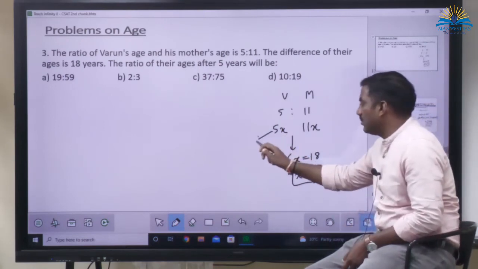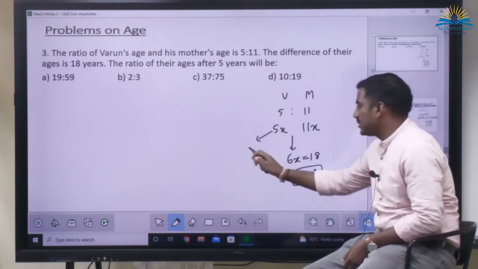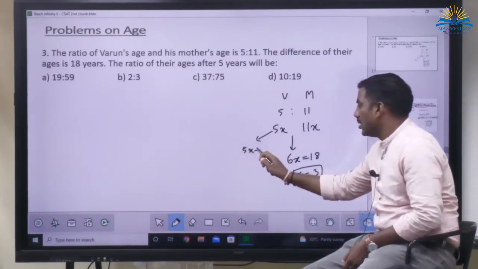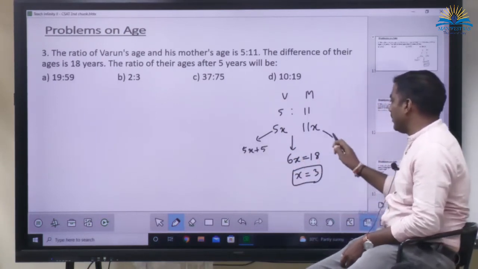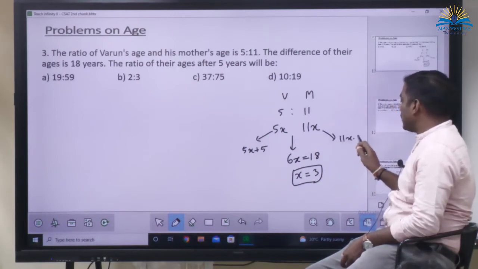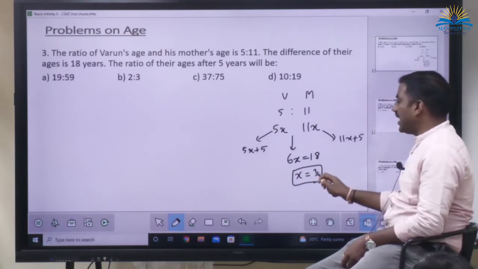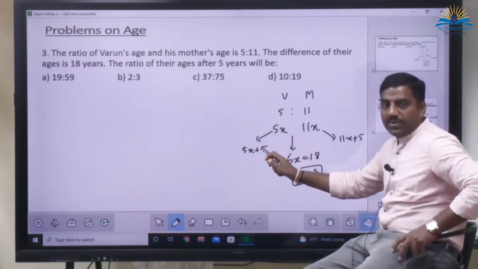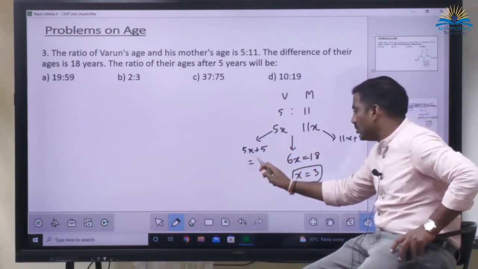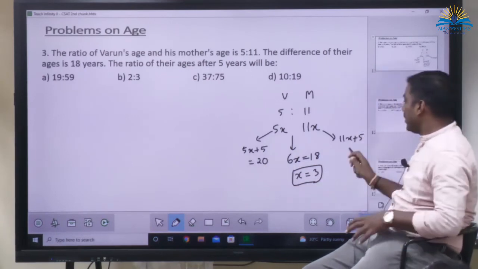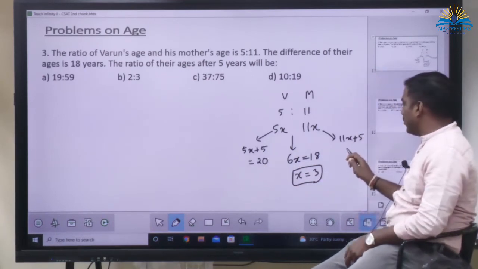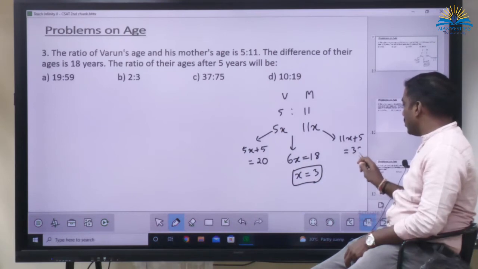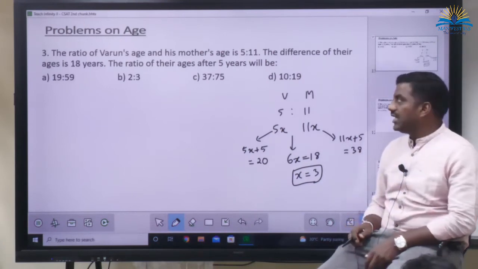Now, ratio of their ages after 5 years. After 5 years, it will become 5x plus 5. After 5 years, it will become 11x plus 5. But what is the value of x? 3. 3 5s are 15 plus 5, it will be equal to 20. 3 11s are 33 plus 5, this will be equal to 38. 20 is to 38.